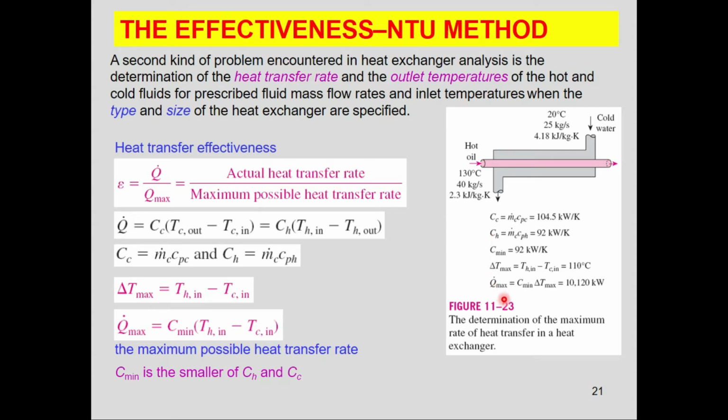for the determination of Q max. So our ultimate objective is to determine the effectiveness ratio or the heat transfer effectiveness. For the heat transfer effectiveness, we need the Q max. How can we determine the Q max? It is very simple: we have the inlet of the cold stream and the inlet of the hot stream, we just perform these calculations, and after that we can simply get the value of Q max.